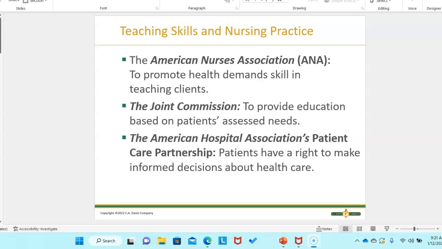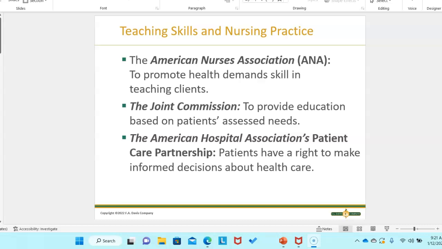The Joint Commission goes on to state that nurses have an obligation to consider the literacy, desire and motivation to learn, developmental and physical limitations, barriers to communication, culture, and religious belief of every patient.